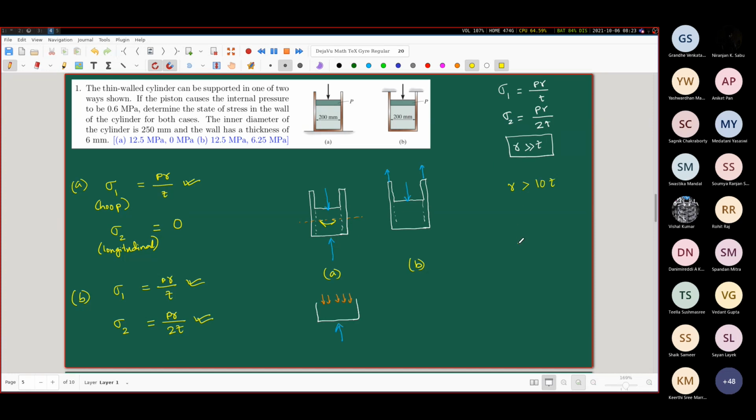Try to understand it like this: it's okay if you say 1,000 millimeters or 2,000 millimeters, versus, let's say, 10 millimeters or 15 millimeters. Usually these are the ranges.